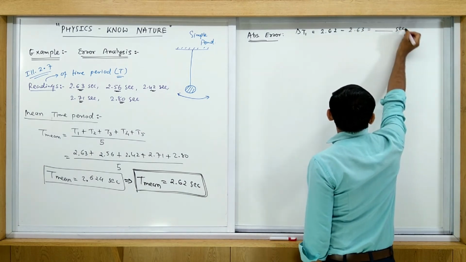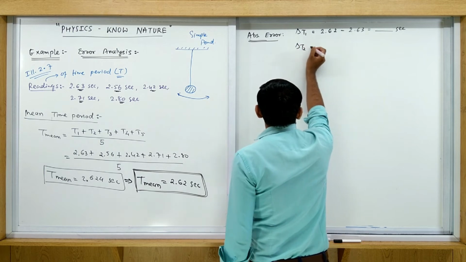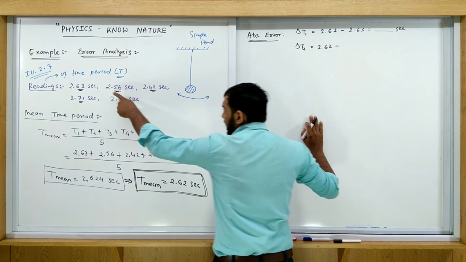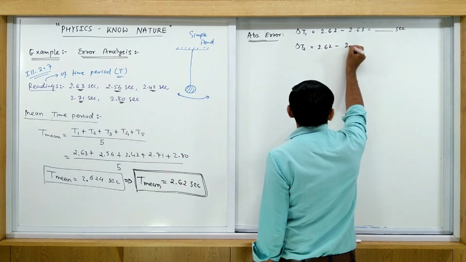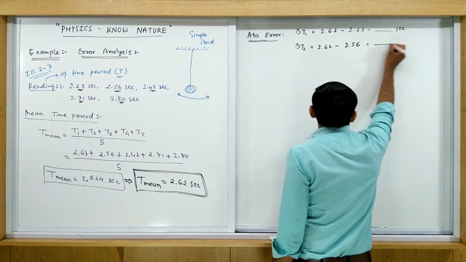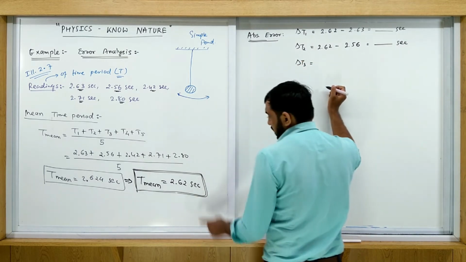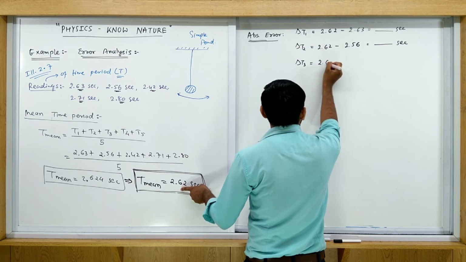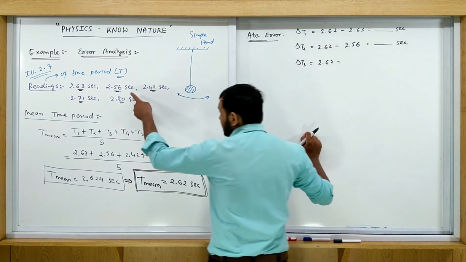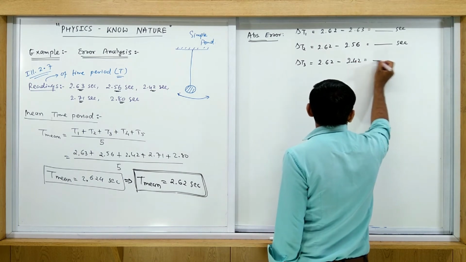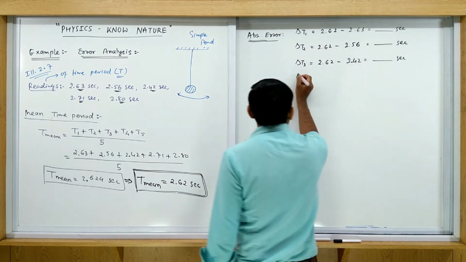Find delta T2 by yourself: true value minus second value 2.56 second. Delta T3 is mean value 2.62 minus 2.42.